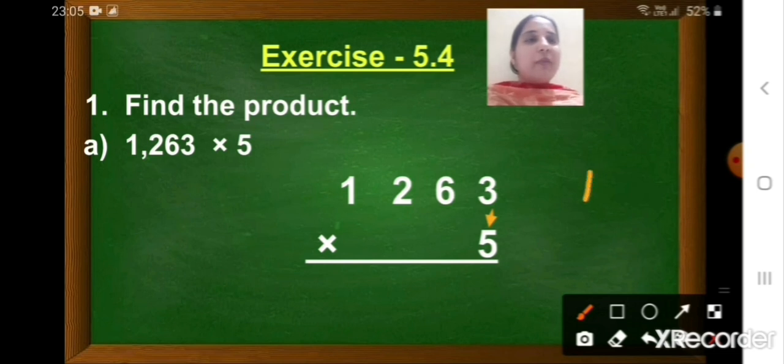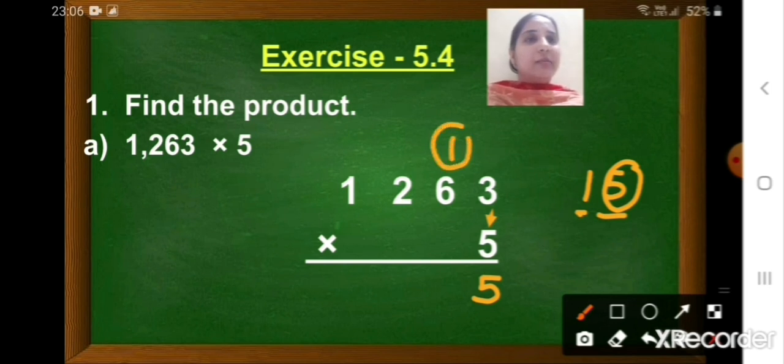Now children, because 15 is a 2-digit number, we will write this 5, which is at the ones place, here, and this 1, which is at the tens place, will be carried over to the tens place here.